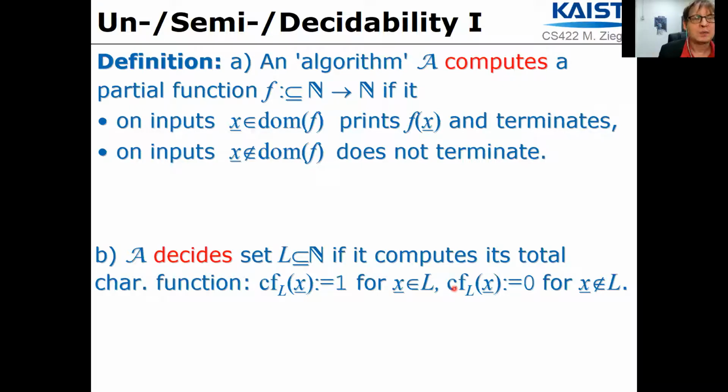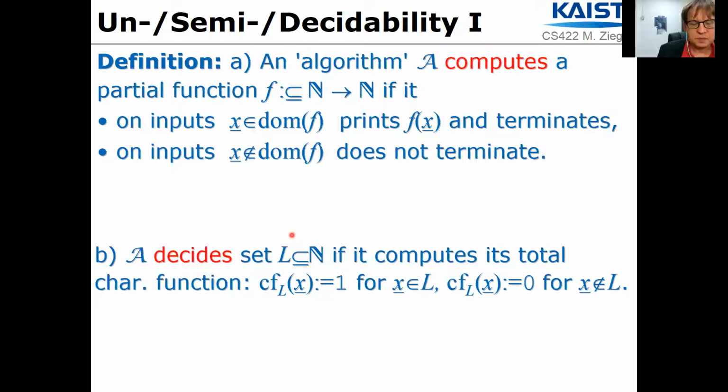And whether the answer is 0 or 1 is here mathematically represented and coded in terms of this set, whether the argument does belong to the set or does not belong to the set. So that's the core here.